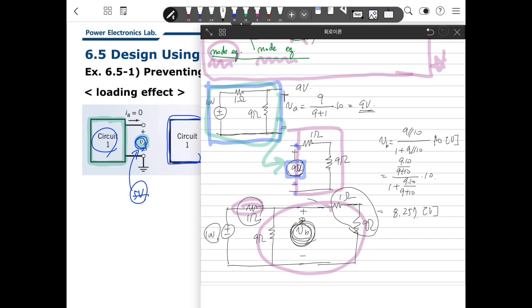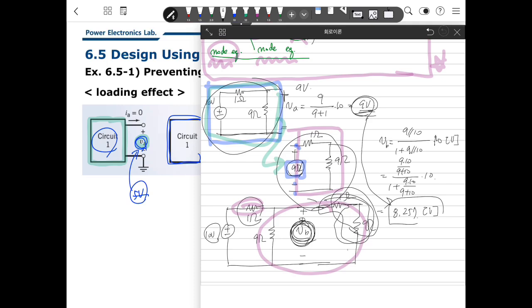We expect that voltage to be 9 volts, but based on this effect of the circuit, that voltage changes to 8.257 volts. So between coupling two circuits, the result is different. We call this a loading effect.